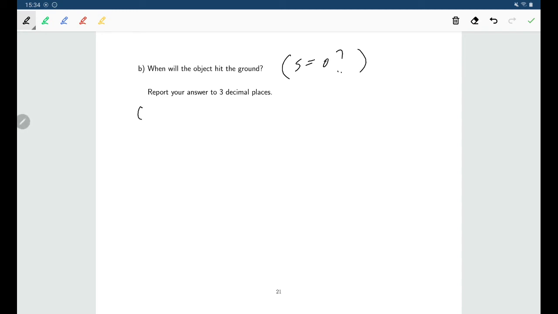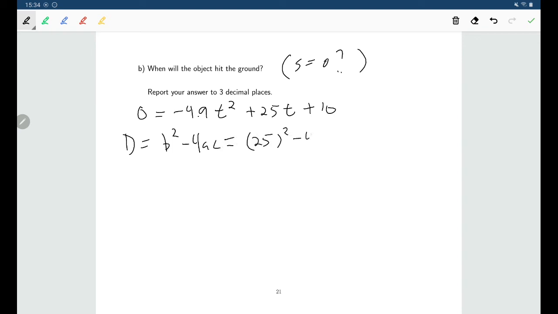If 0 is the value of s, then we have the quadratic equation negative 4.9t squared plus 25t plus 10 equals 0. If I find my discriminant, b squared minus 4ac, so 25 squared minus 4 times negative 4.9 times positive 10, that's 821.